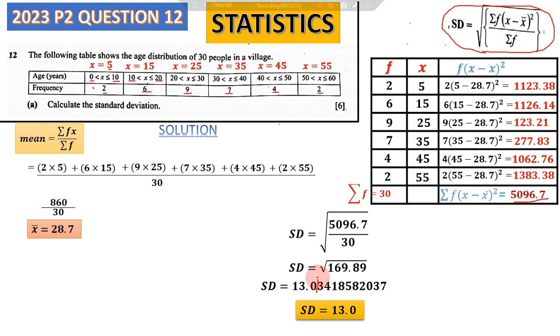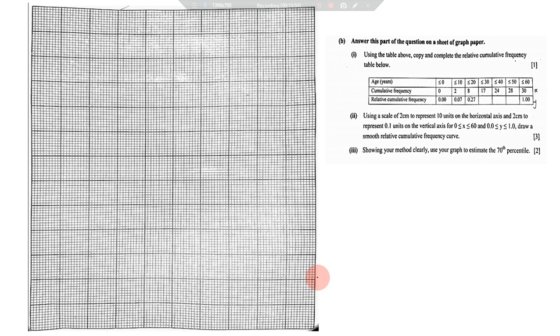Let us go to the second part of this question, which is a graphical question. They're saying answer this part of the question on a sheet of graph paper. Using the table above, copy and complete the relative cumulative frequency table below, and that is 1 mark.